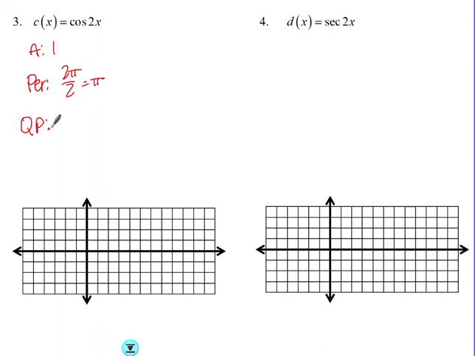Our quarter period is going to be pi over 4. There is no horizontal or vertical shift. So we are still starting at 0, 0. We're just changing the period. Since this is a cosine function, we're going to think high, 0, low, 0, high. I'm going to go ahead and label my axes.